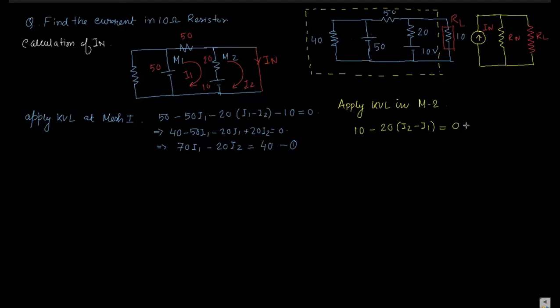So 10 minus 20 I2 plus 20 I1 equal to 0. So minus 20 I1 plus 20 I2 is equal to 10. This is the equation number 2.